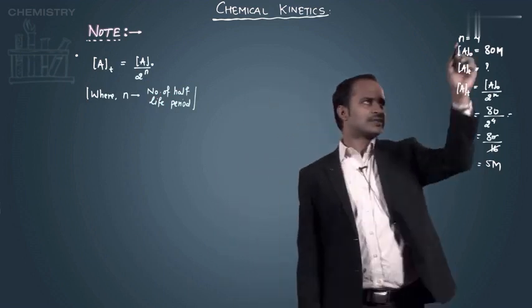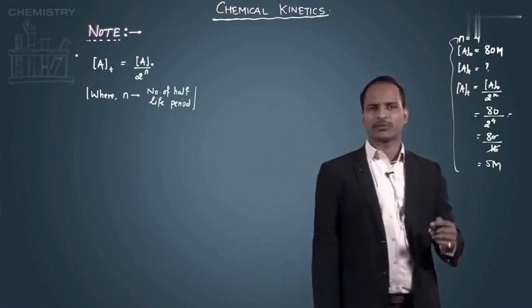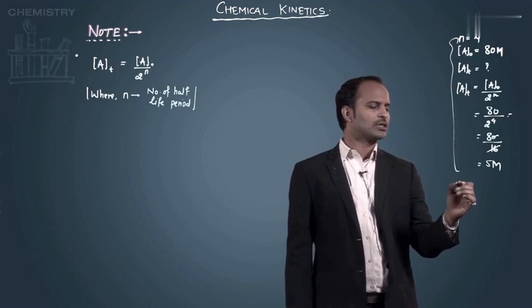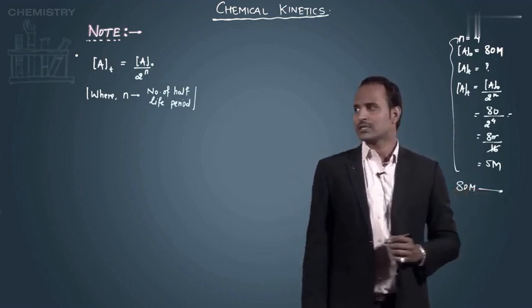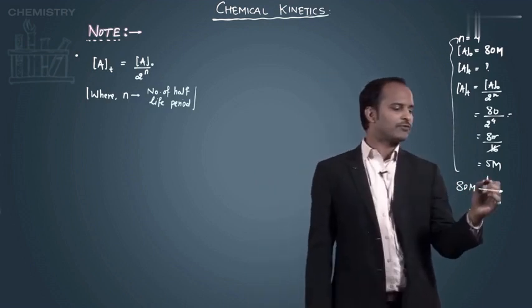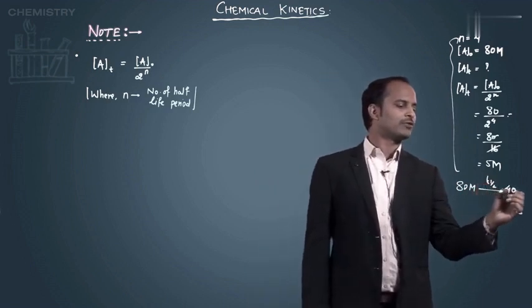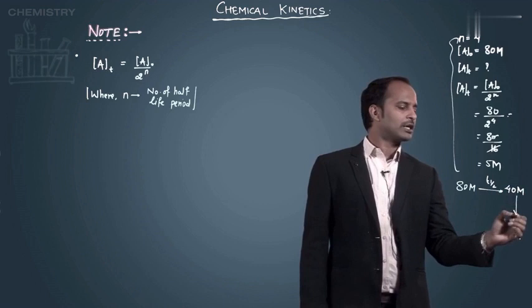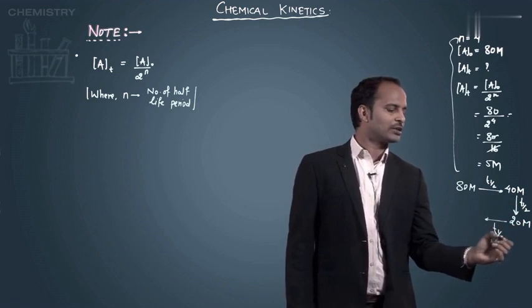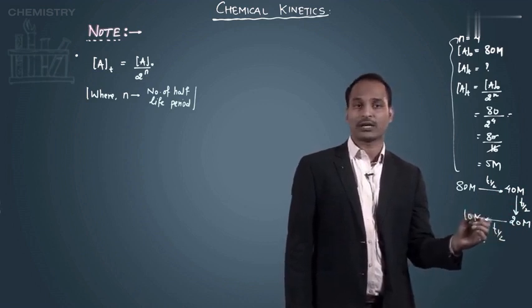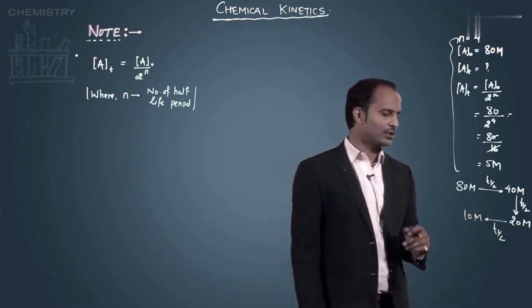Either use this formula, or we can solve the same numerical without formula also. Suppose in the beginning I had 80 molar of reactant. Here we are considering 4 half-lives. So after the first half-life, the reactant left will be 40 molar. After the next half-life, only 20 molar will be left. After the third half-life, it will again reduce to half, because we are talking about the first order reaction.